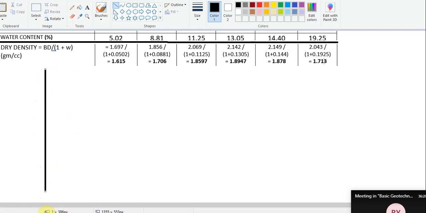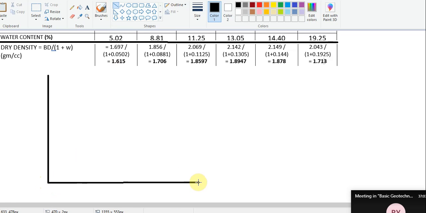So this is my x-axis, and this is my y-axis.